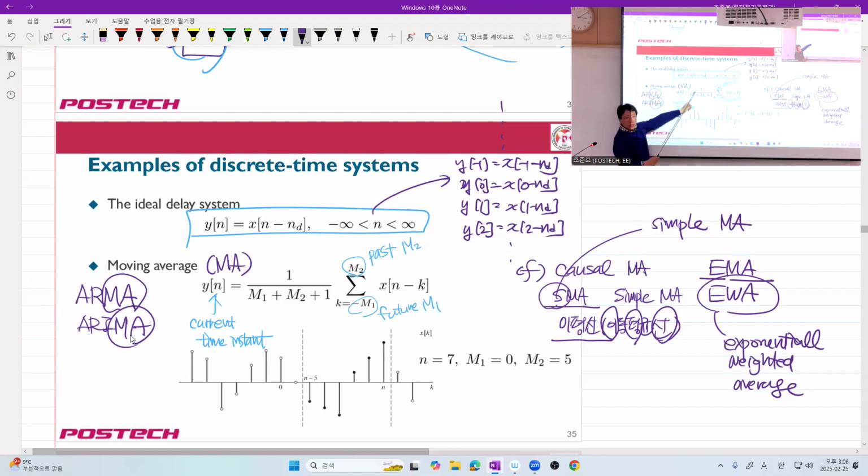Got it? And when the stock market guys are applying this input-output relation, what they usually do is that they find the current value by using past values only, because they cannot predict. For example, suppose you can predict tomorrow's Samsung Electronics stock price at the end of the day, around this time. Okay, at 3:30 our stock market closes.